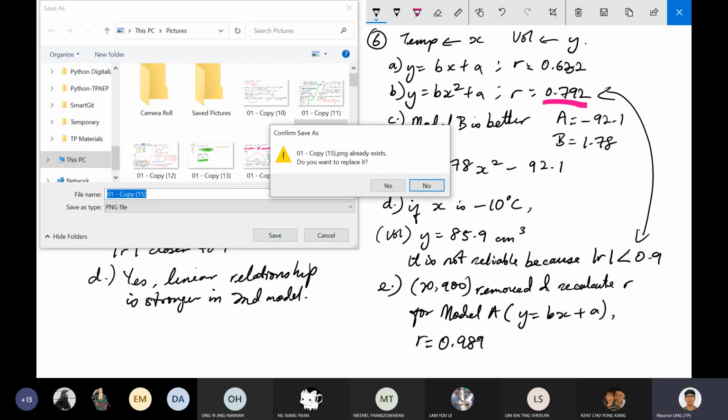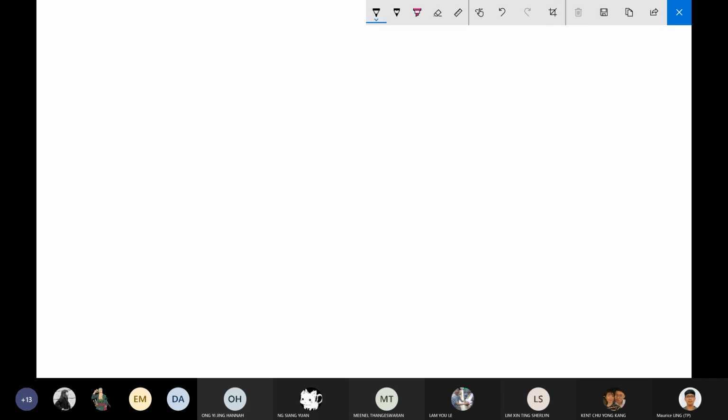All right, so last question, question number 7. An accountant monitors the items. So you have the production, and you want to fit it into y equals bx plus a.